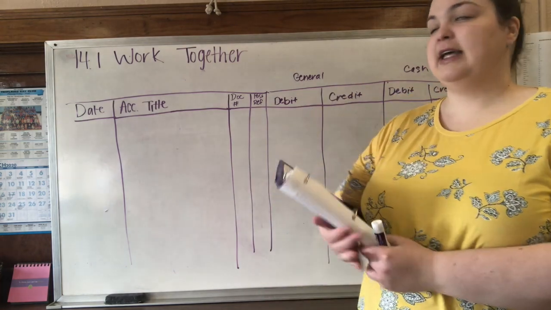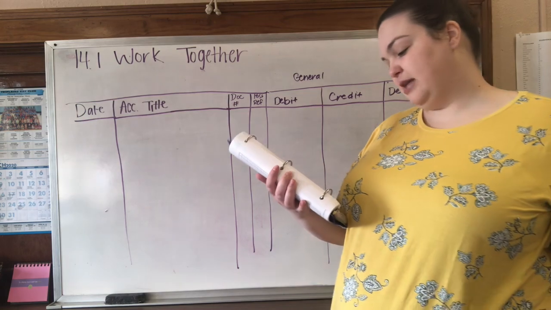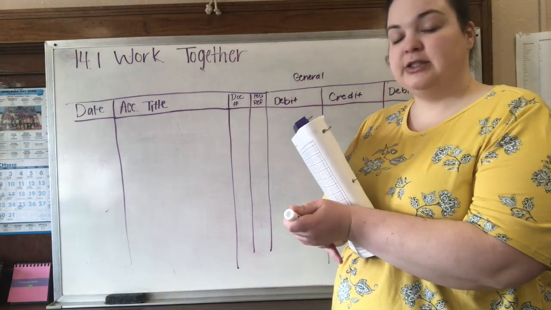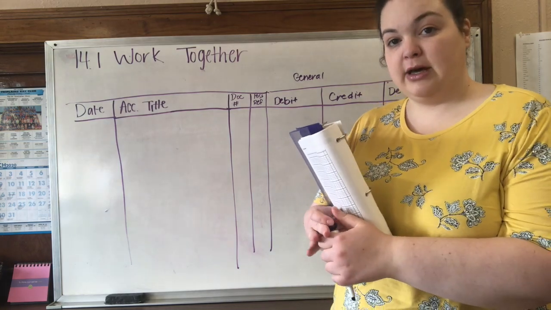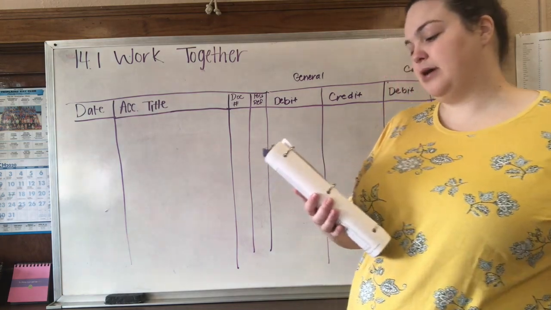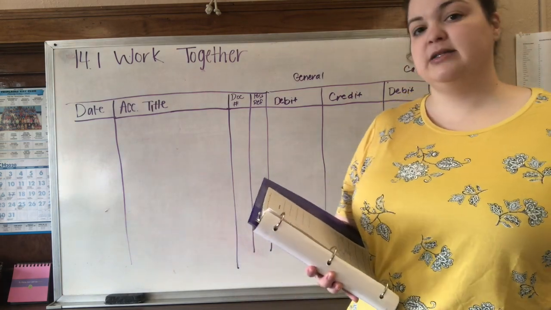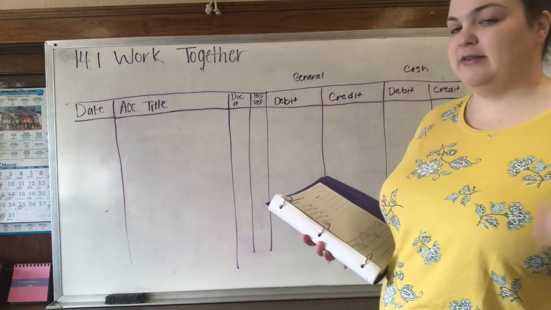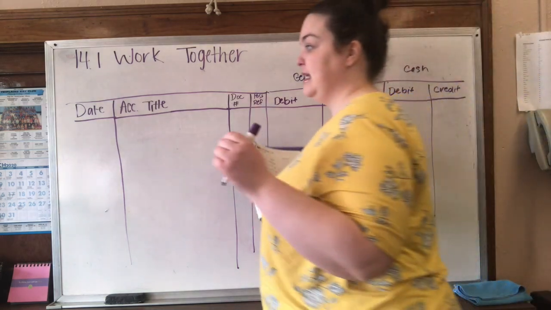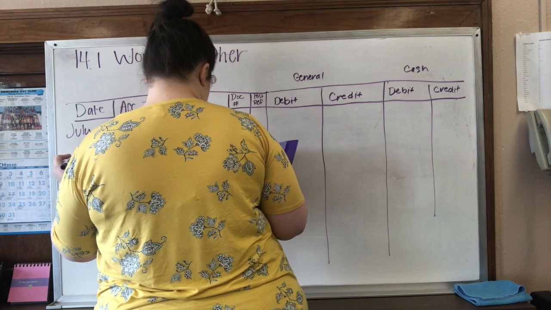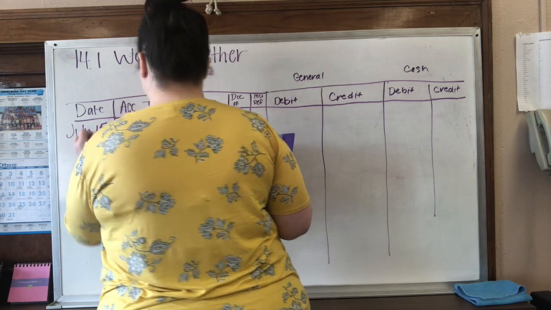So don't forget, up at the top, it's going to ask you for the page number. You'll put that in. So the first thing you're going to do is debit your account. And what we know from your T accounts is that your salary expense is your debit. So the very first thing you always do is the date. So July 15th.